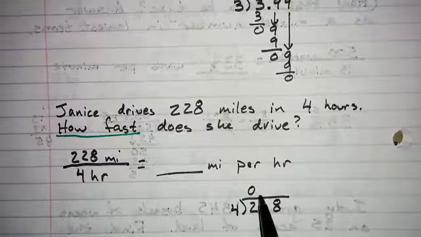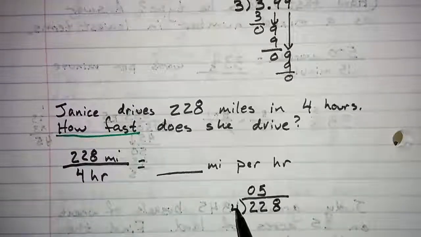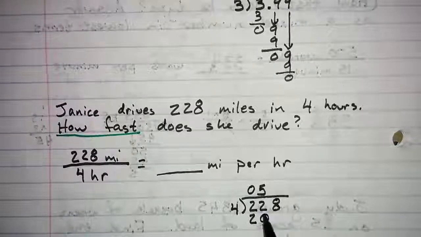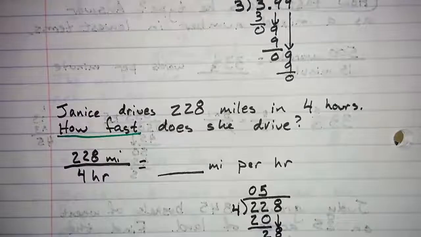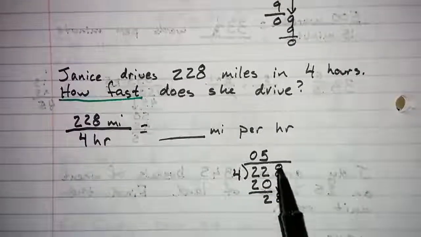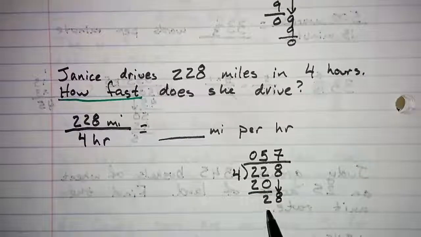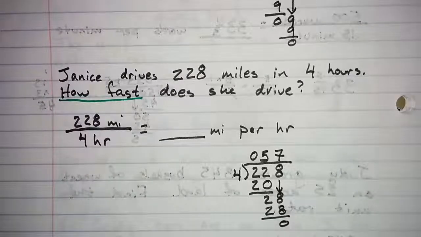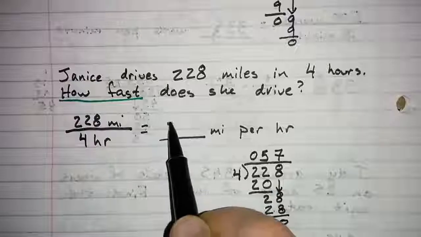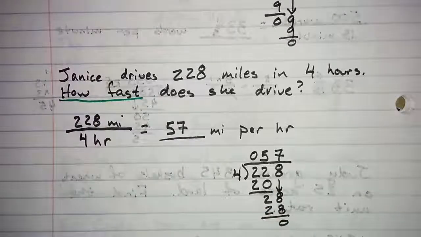Into 22, it goes in 5 times, because 5 times 4 is 20. Bring down the 8. 4 goes into 28 7 times. Nothing left. So we get 57 miles per hour.